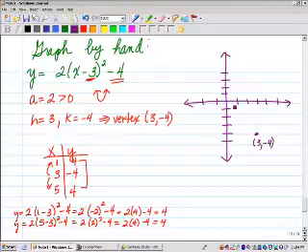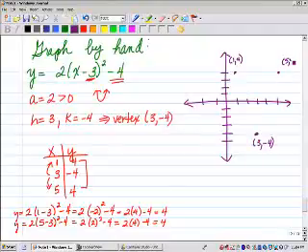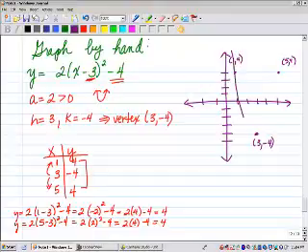Then I have (1, 4) here, and then (5, 4). Okay, and so I would then draw my parabola. It's hard to do on this tablet because I can't really turn it too easily. But there, that would be the graph of my parabola.